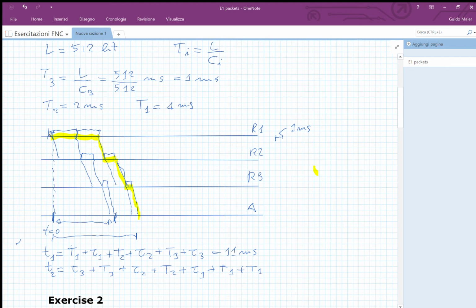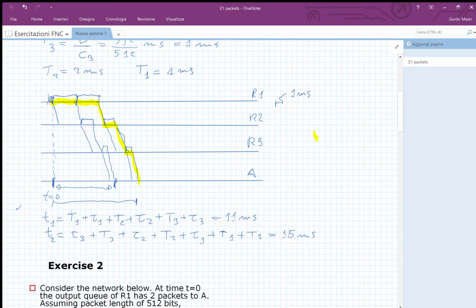In this case, it's very simple. It's the same as the previous time t1 plus this extra component t1. So since t1 is 4 milliseconds, the total sum is 15 milliseconds. Is it clear?